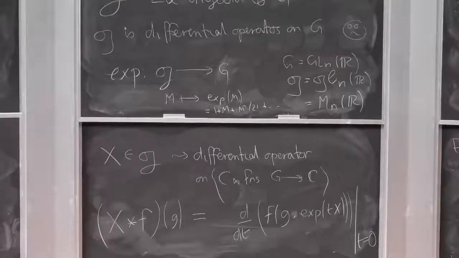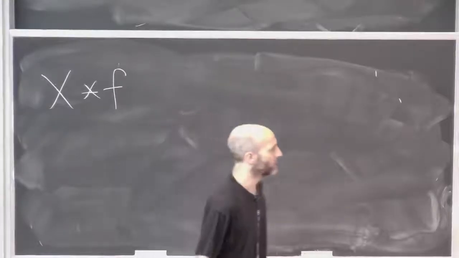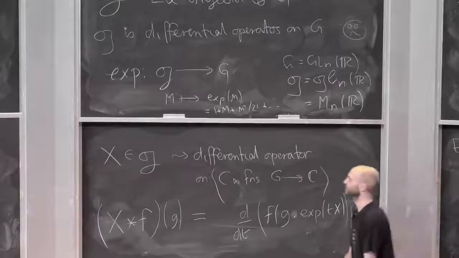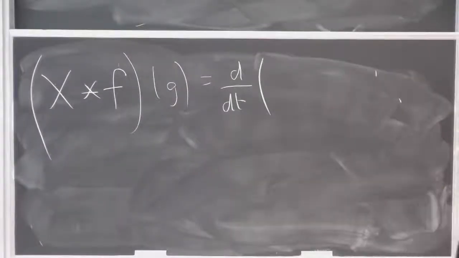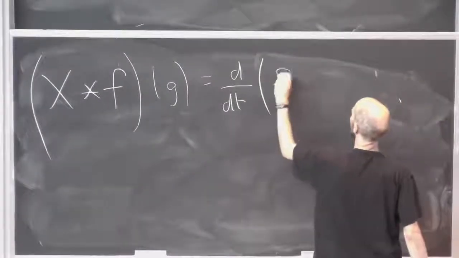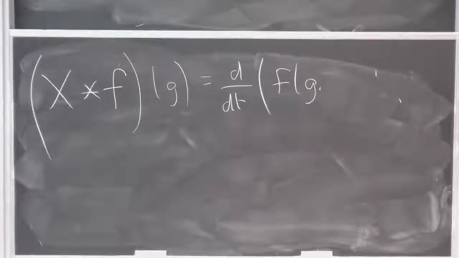OK, so let's work out x star f. I'm doing calculus to this function on R star via some definition that I read in a book on Lie groups. But this should surely turn into something that I understand. X star f of g, for g a non-zero real number, equals d by dt of f of g multiplied by exp of t x.